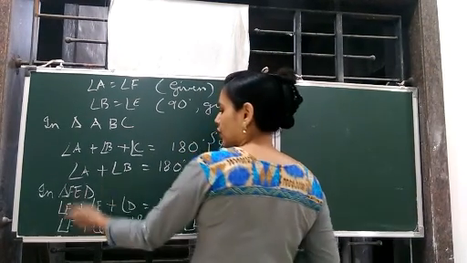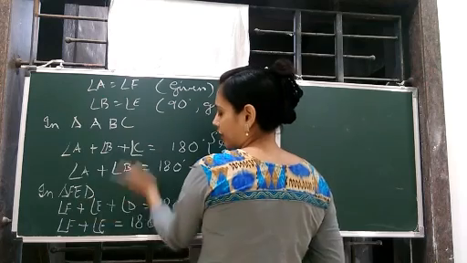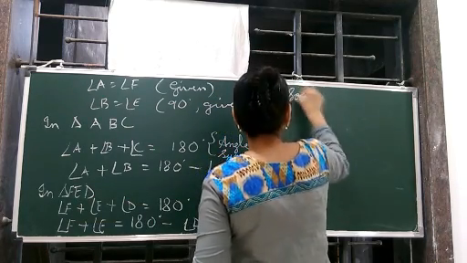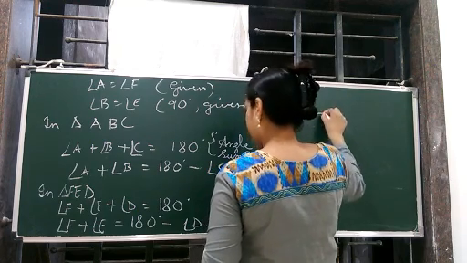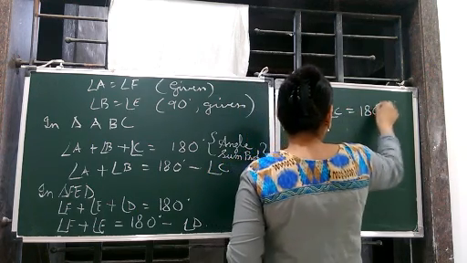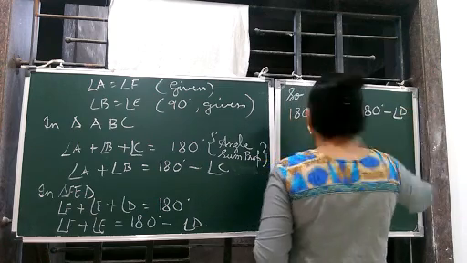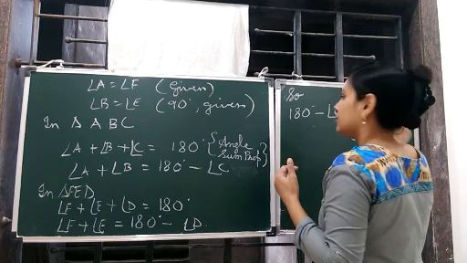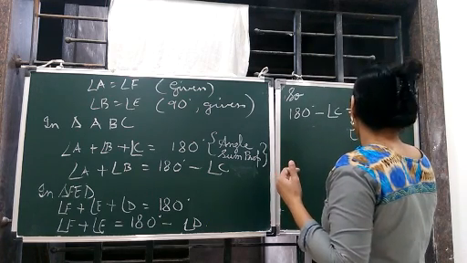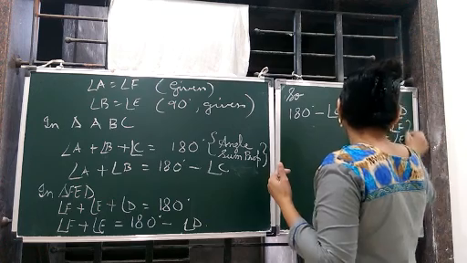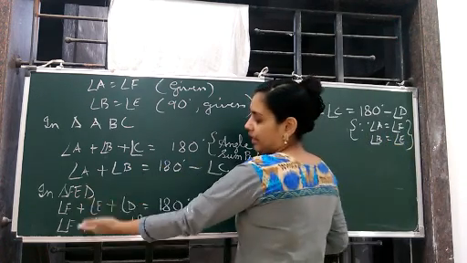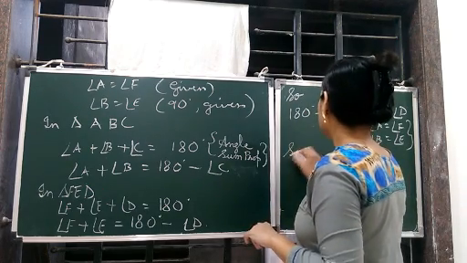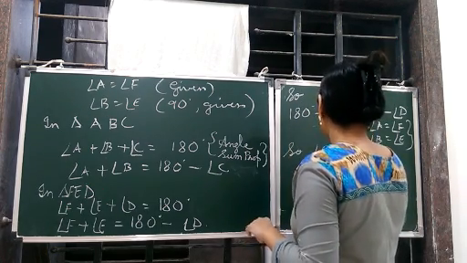You can write this, since angle A is equal to angle F and angle B is equal to angle E. क्योंकि ये इन दोनों का LHS इक्वल है तो इन दोनों का RHS भी इक्वल होगा, करेक्ट? From here we can say angle C is equal to angle D.